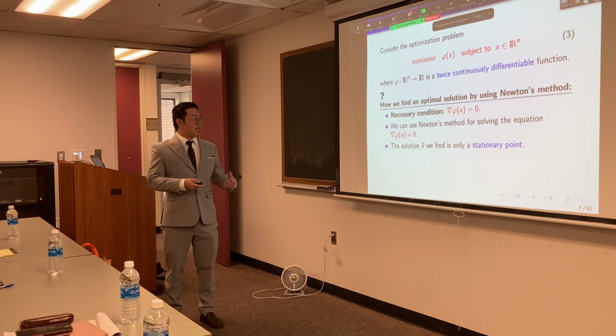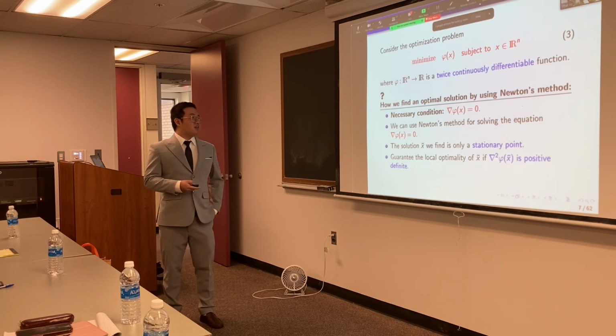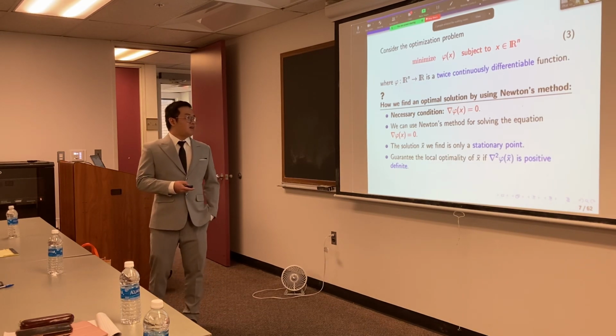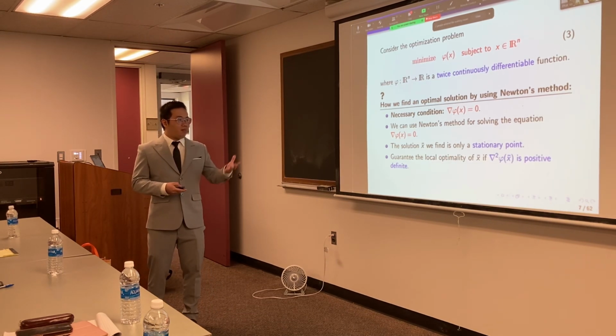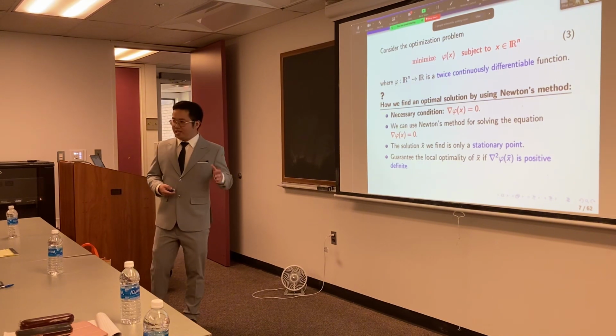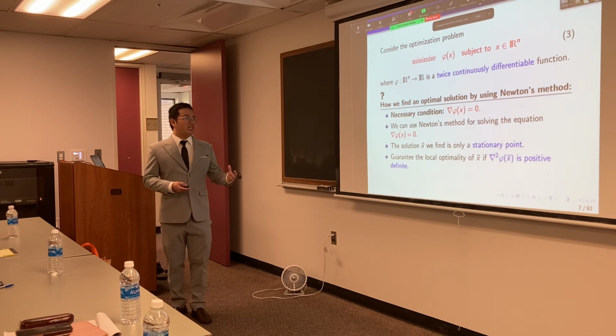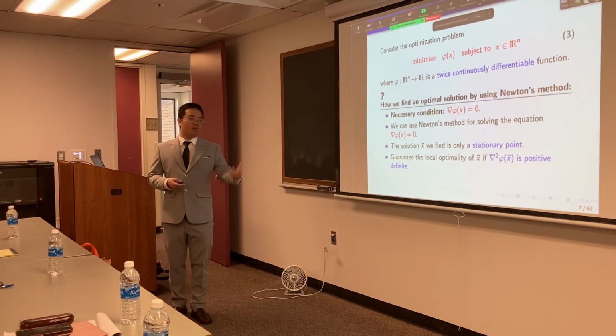And the solution x bar that we find is only a stationary point, right? We can guarantee the local optimality of x bar if we have one more condition, that is, the Hessian matrix is positive definite. In this case, we can guarantee the solution we find is not only a stationary point but also a local minimizer.